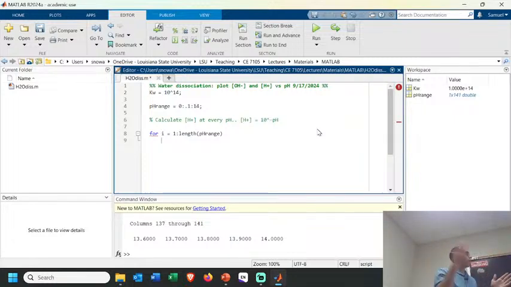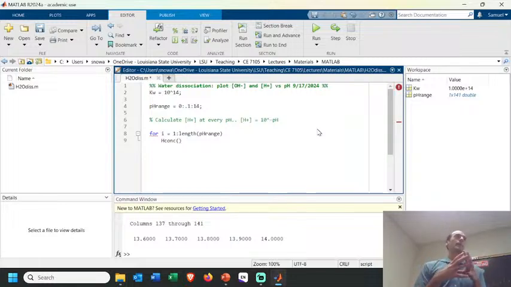So from 1 to the end of it, I'm going to take different steps. And what I'm going to calculate in there is a value for H-conc, for H concentration.